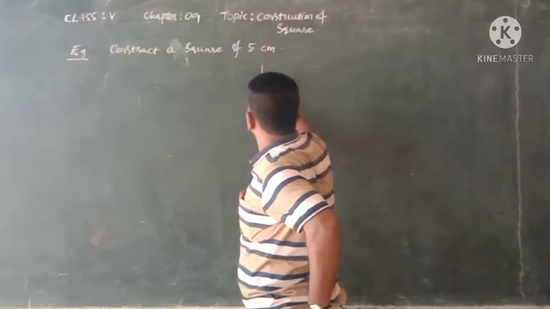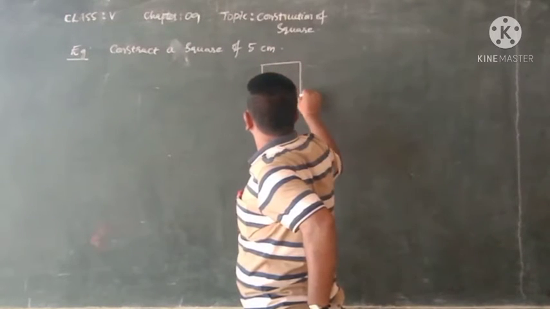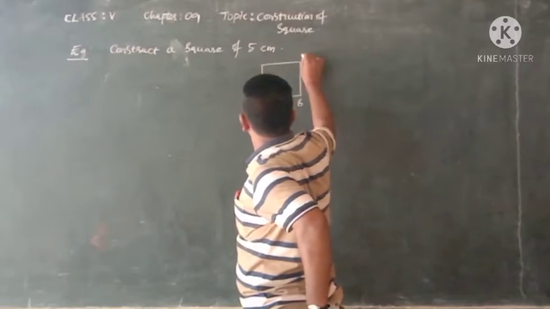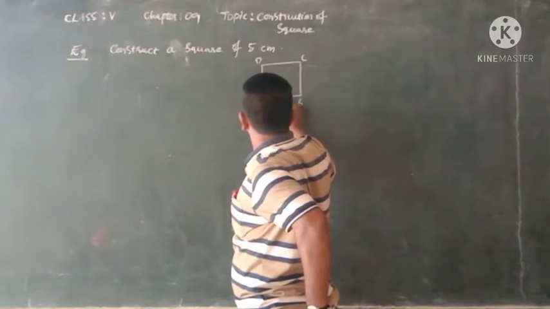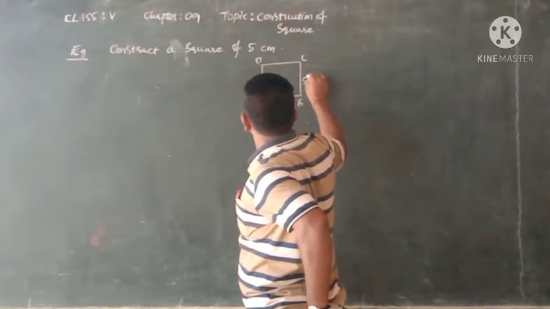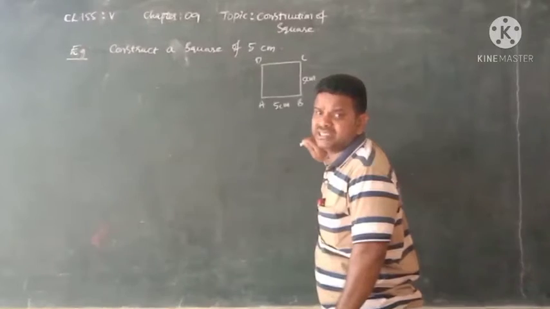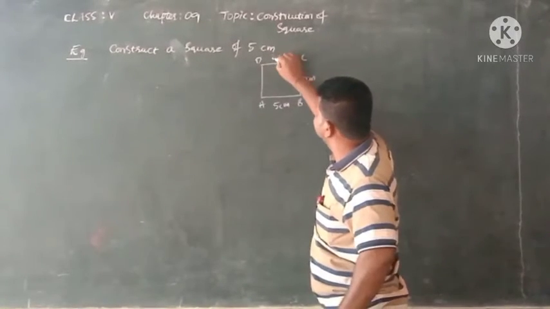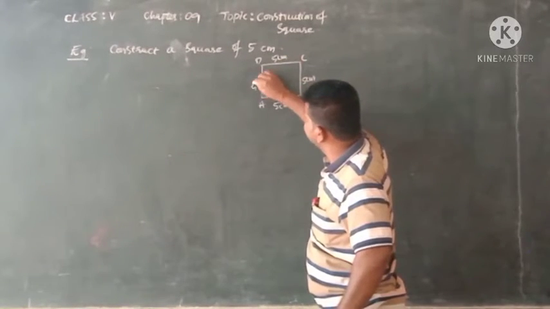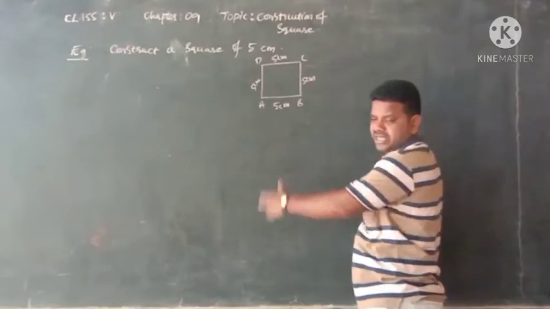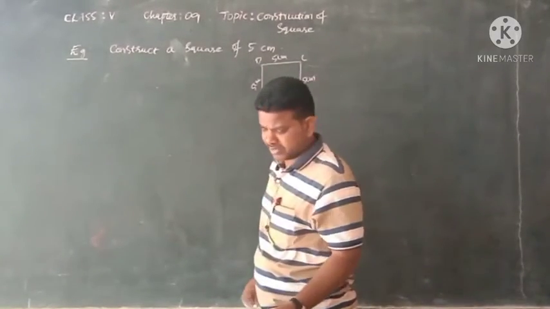This is the square. It is a rough sketch. A, B, C, D, 5 centimeters. I think one measurement is enough to construct a square. Why? Because all sides are equal in the square itself, right? So now how to construct a square with the length of 5 centimeters?